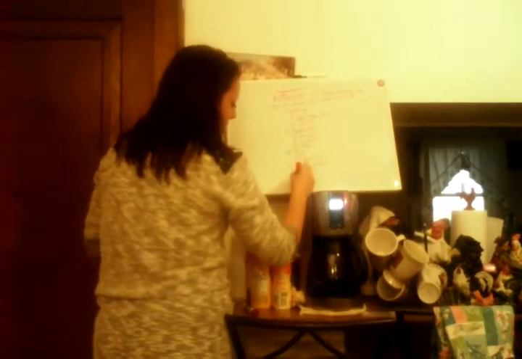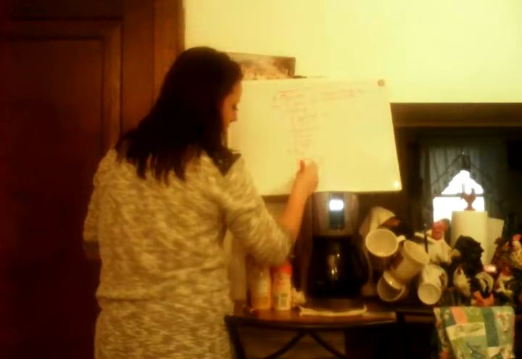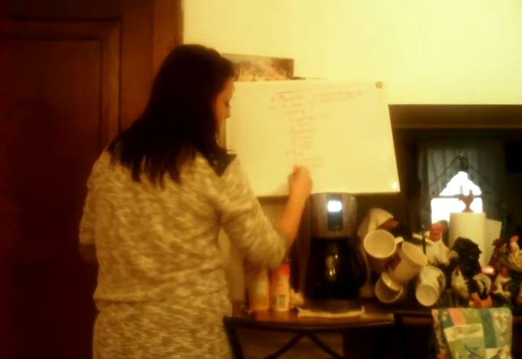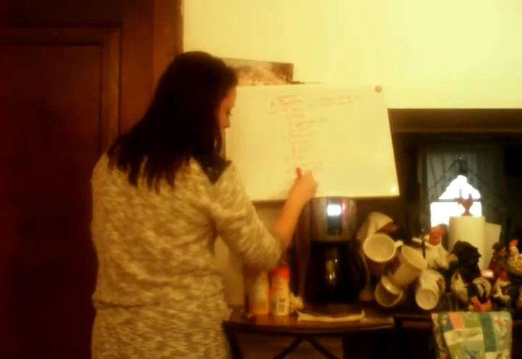Okay, and then your last thing that you want to have is your ending, which needs to rephrase. Oops, that's not how you spell rephrase. You're going to have to rephrase A.